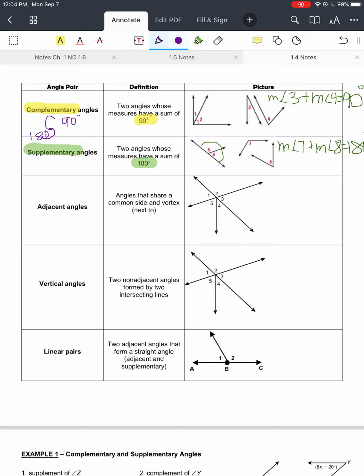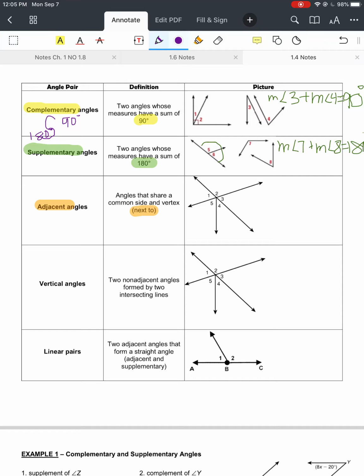Our third definition of the day is adjacent angles. Adjacent just means next to. You might have heard people use that in everyday language about something being adjacent to something else. It just means that they're next to each other. In geometry, adjacent angles have to share a common side and vertex.